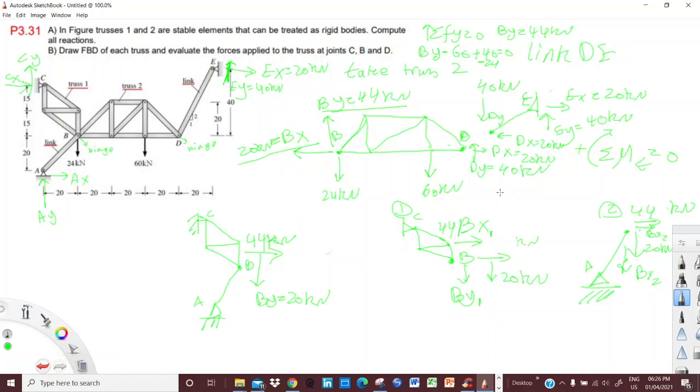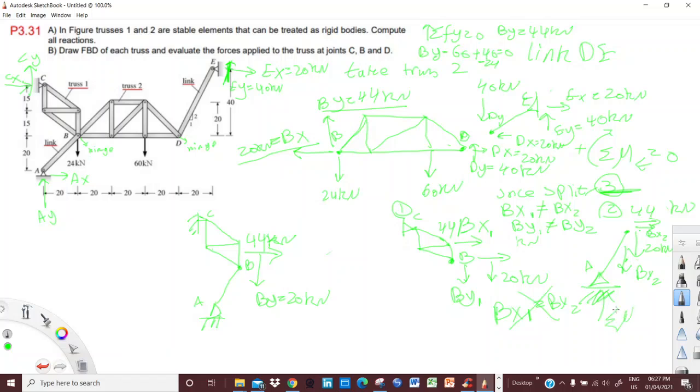Remember, once I split the structure the third time, bx1 is not equal to bx2, and by1 is not equal to by2. Therefore, if I find the moment at A in order to find bx2 and by2, don't do it, because that means you say that bx1 is equal to bx2, which is wrong.